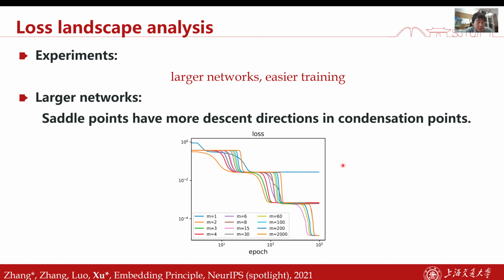And this embedding principle is very universal, independent of a lot of factors such as the network width, the loss function, and the training data. So it's a very intrinsic property of neural networks. And in the next step, we will go into more details of this loss function.